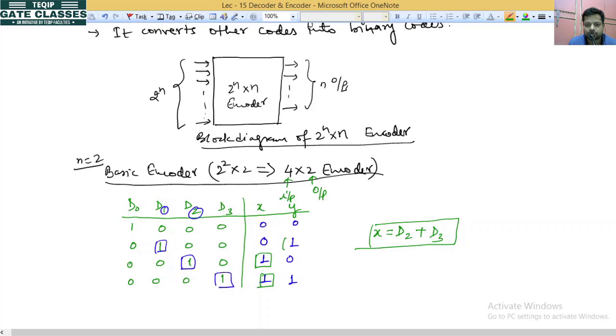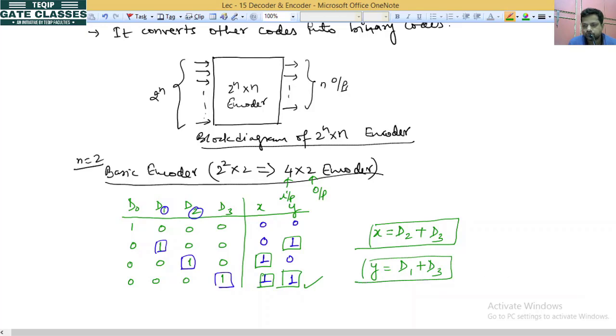Similarly corresponding to this y, we have D1 plus D3. Okay na?